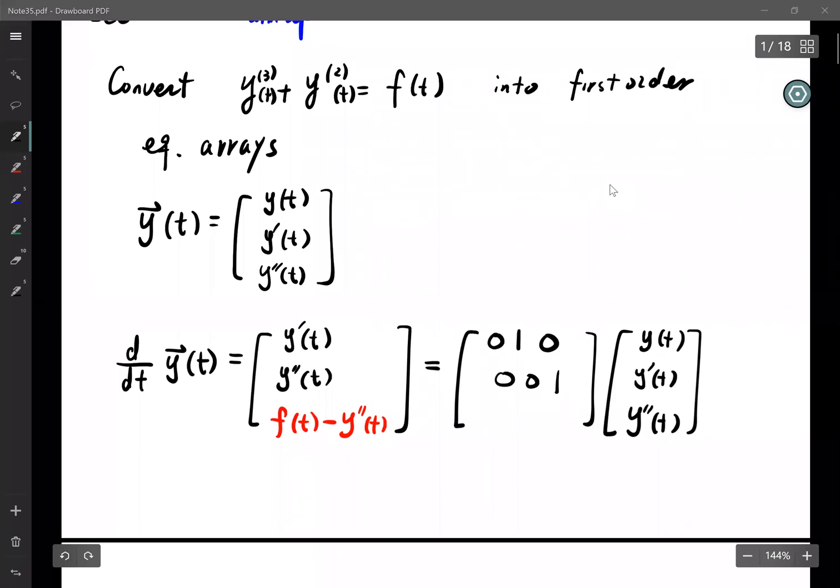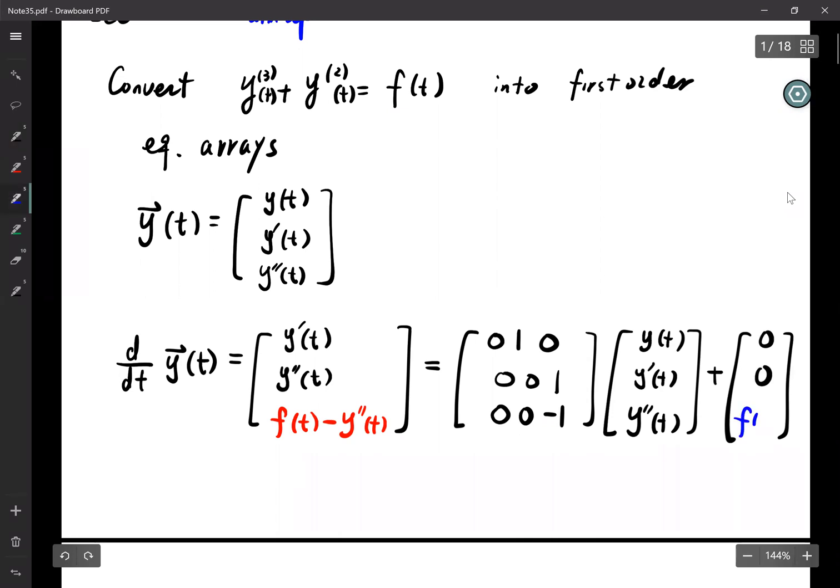And finally, this one, we need to use the equation. So this is minus y double prime t. So this is 0, 0, minus 1. And here we have a right-hand side f(t). So we separate that because that's the inhomogeneous part. And here we put an f(t) here.